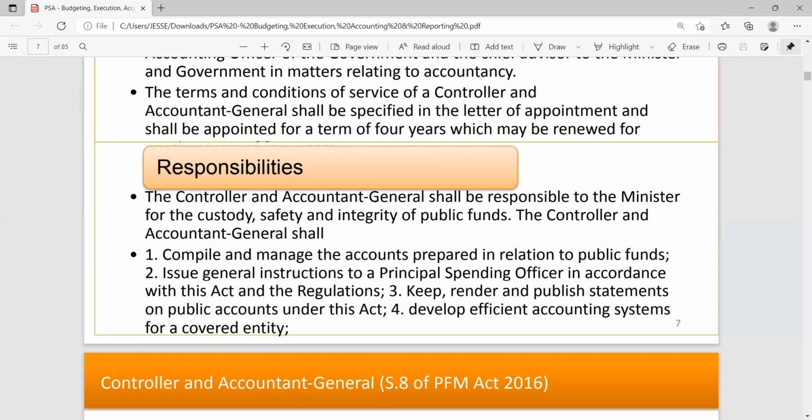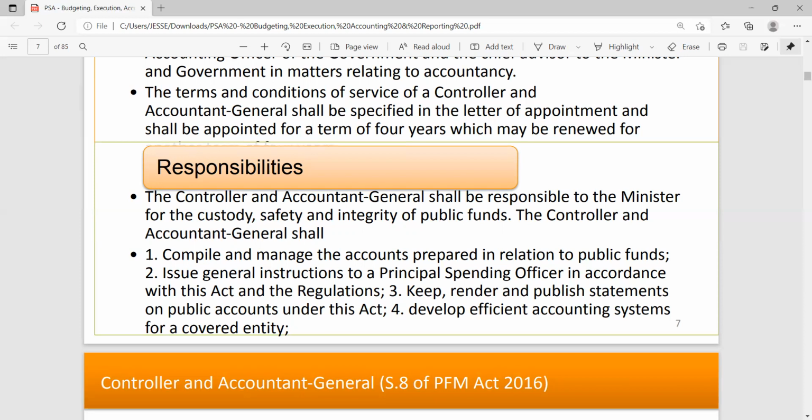And therefore, the Controller and Accountant General will compile and manage the accounts prepared in relation to public funds. So you can see that this person is literally an accountant. Basically, what an accountant will do for an organization, the Controller and Accountant General is doing that for the government.